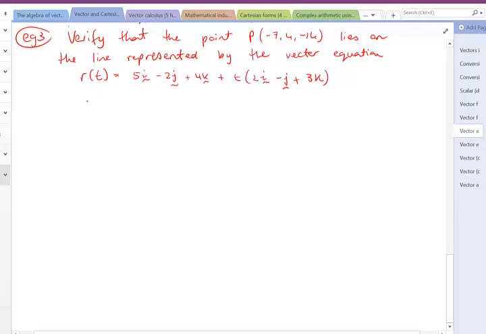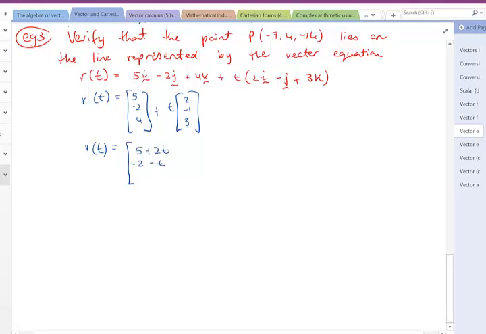So first step is we're going to put this vector equation in column vector form. So we have (5, -2, 4), and we're adding on t multiplied by (2, -1, 3). So that means R can be represented by a single column vector of (5 plus 2t, -2 take t, 4 plus 3t).